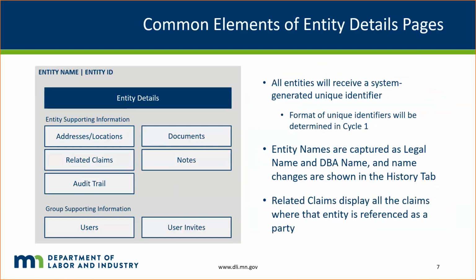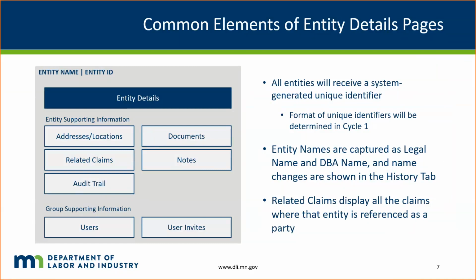So some common elements within the details pages, we have the address and location, the related claims information for an entity. The audit trail is the history of edits and changes that have happened throughout the lifetime of that entity, whether that's a change of address or a change of employer.